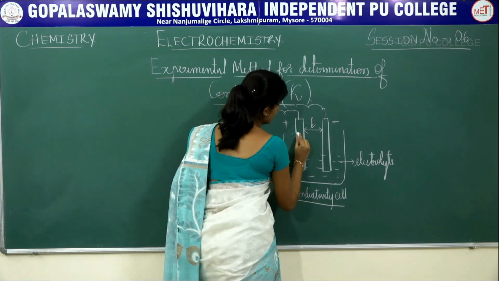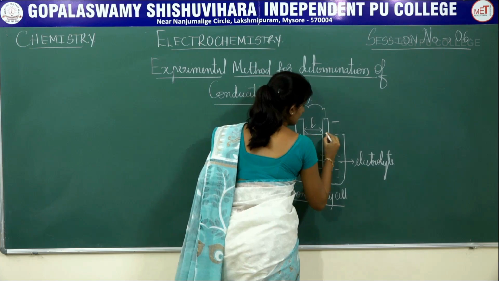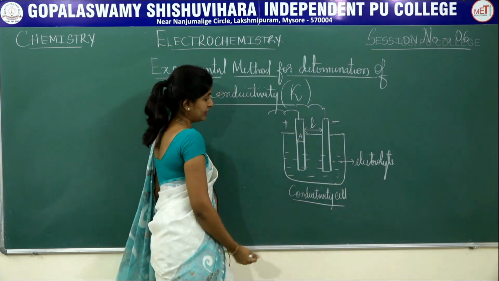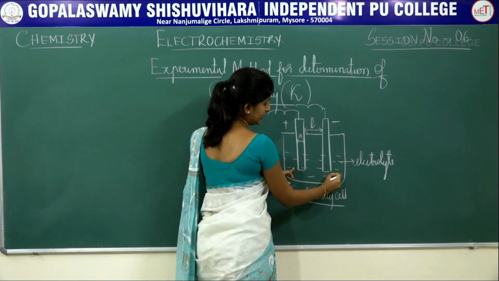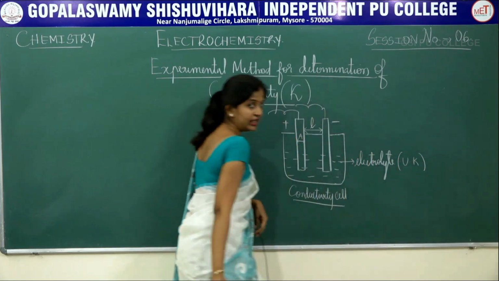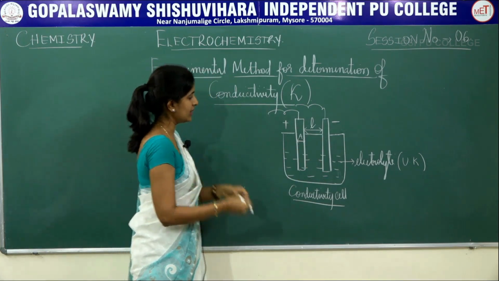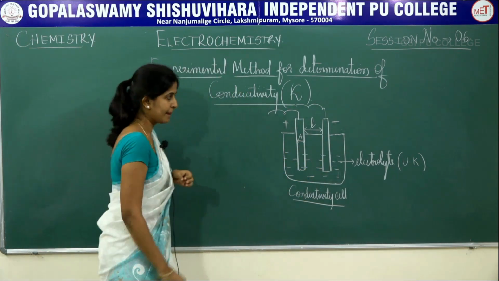This cell is sealed up in order to find the conductivity of this electrolyte. The electrolyte is unknown. You don't know the conductance of this electrolyte; you are determining the conductance of this electrolyte.